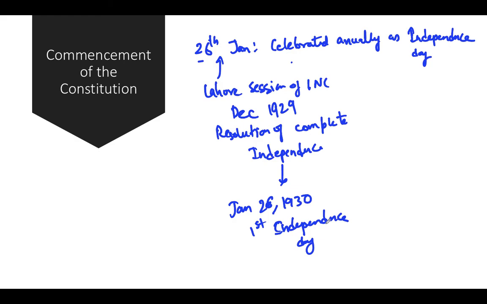Thereafter, Independence Day was celebrated on this day till the independence of our country. So, for that reason we chose 26th January as the day to enforce our Constitution, and 26th January 1950 is celebrated as Republic Day.